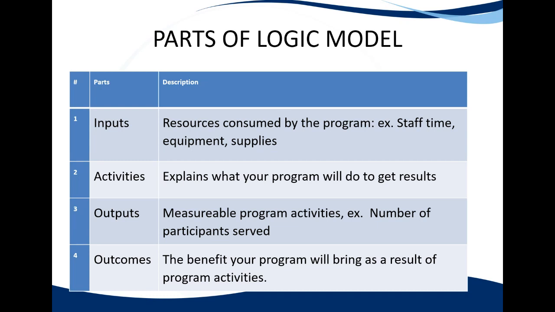That's the benefit that my program will bring as a result of these program activities. This is the outcome that we want. If you come up with something like that, then it becomes clearer and easier in some ways for the funder to be convinced that the work will actually respond to societal issues in very tangible ways.